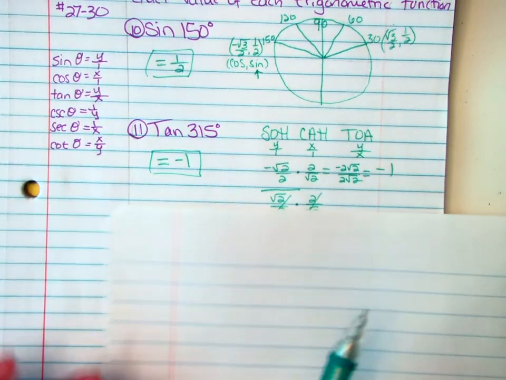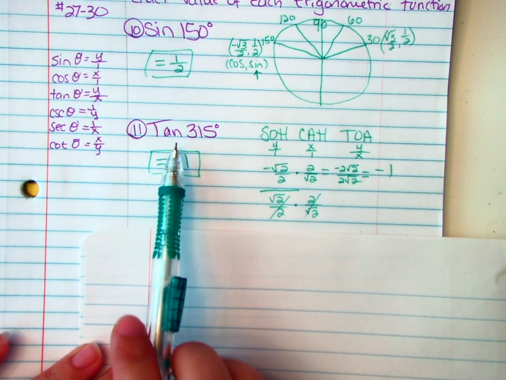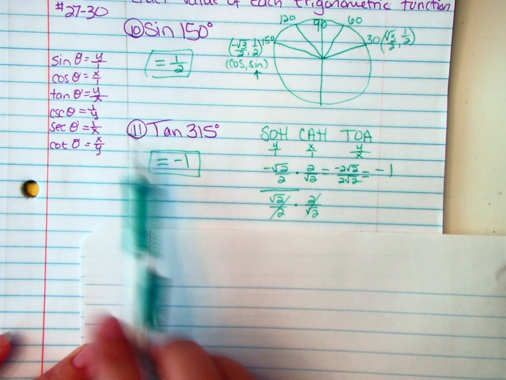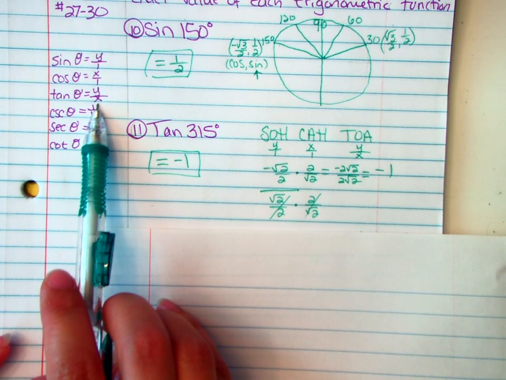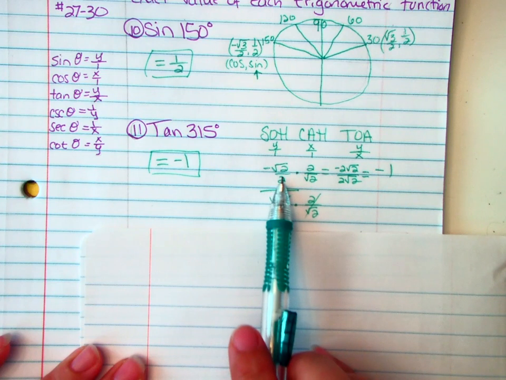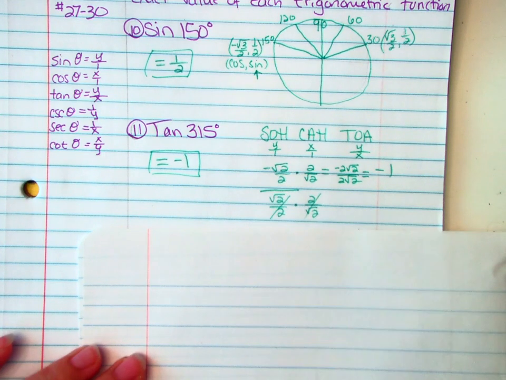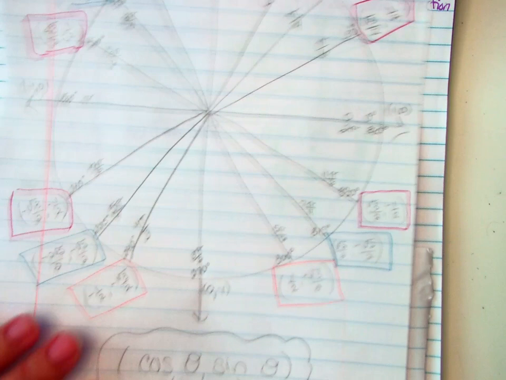Number 11. Remember SOHCAHTOA. So I need my tangent now. Remember, your tangent is y over x. So my y over x is going to be for 315 degrees. Hold on, let me bring it over here.